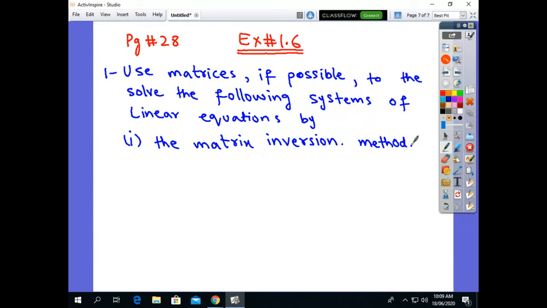Today I only solve these with the help of the matrix inversion method. Therefore, the first question I solve here.